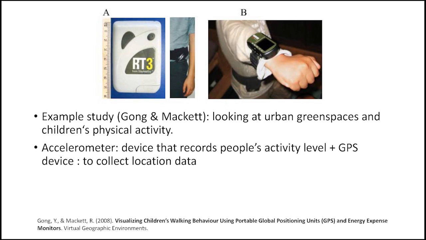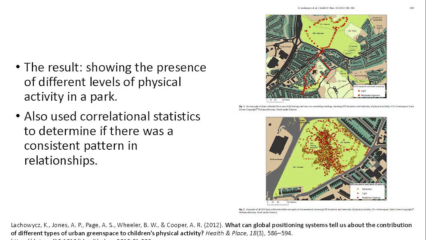They used the GPS to collect the location data. From these maps you can see the presence of different levels of physical activity in a park or in their neighborhood. And they can also use correlational statistics to determine if there was a consistent pattern in relationships.